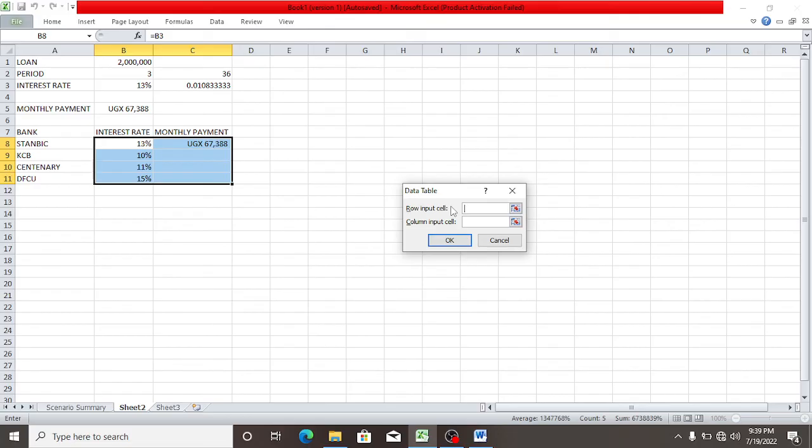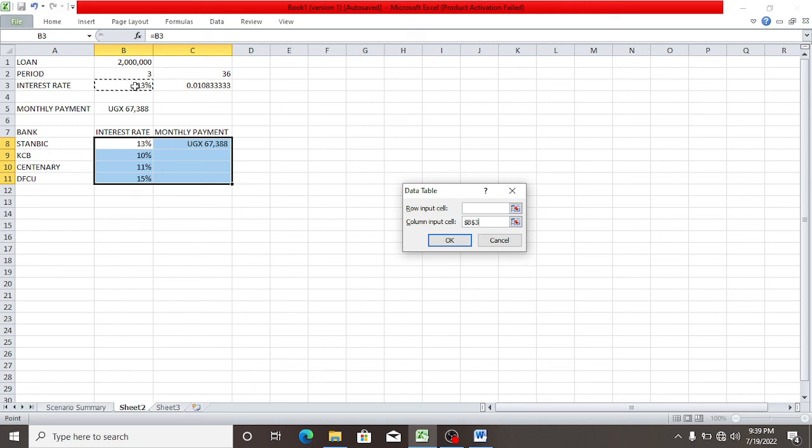So is it in rows or in columns? Okay, so in my case they are in columns, right? So I'm going to put the changing cell in the column input cell, which is the value in this cell, which is 13%.